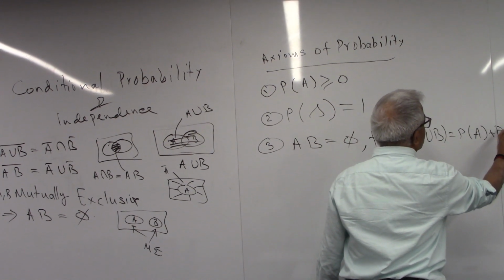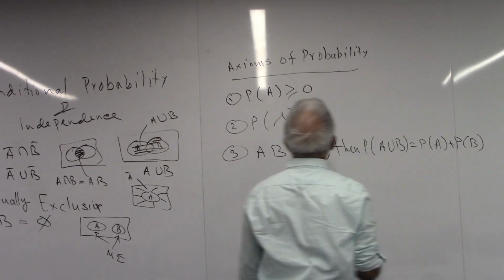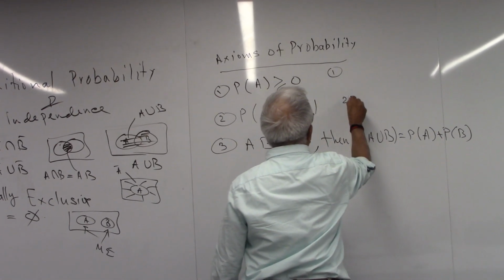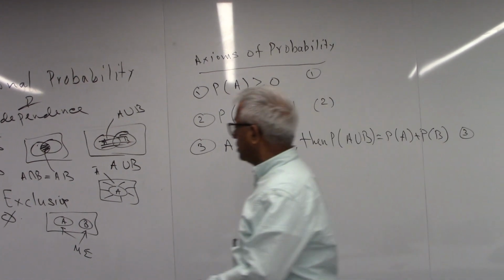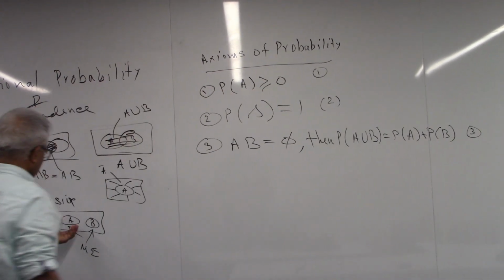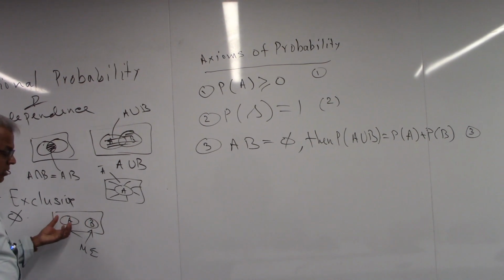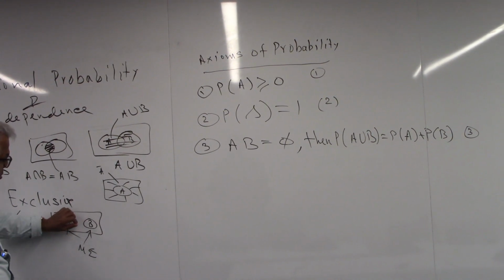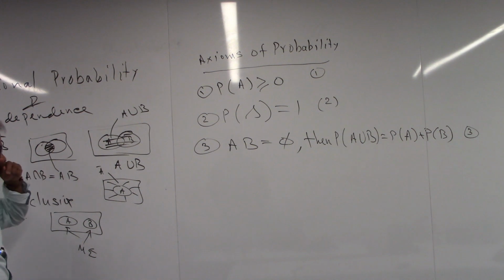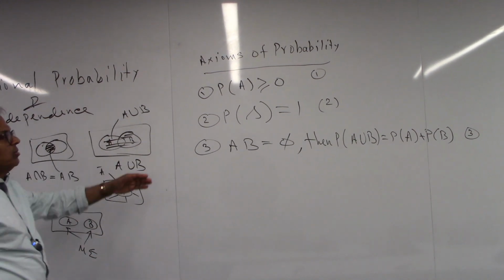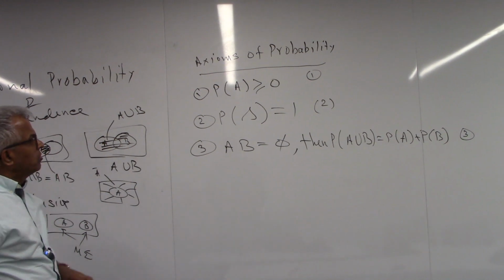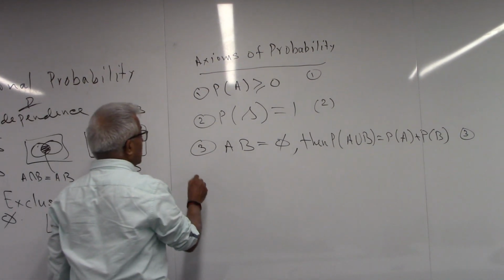This is an axiom, so it's sort of self-evident. So, 3 axioms. And the third one you can see from here: the union of this would be this together with this. The probability of that, from the third axiom, is the sum of the probabilities.